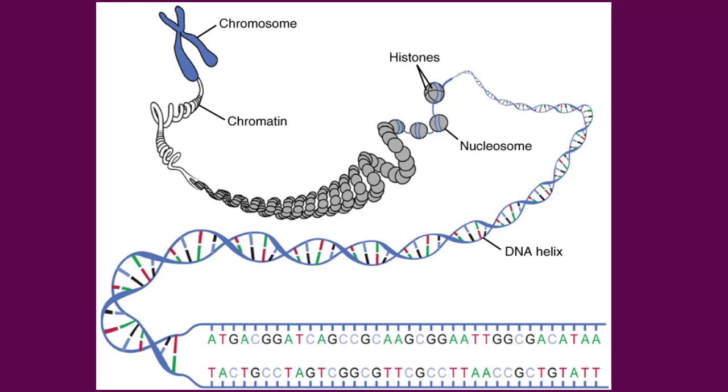When a cell is in the process of division, the chromatin condenses into chromosomes so that the DNA can be safely transported to the daughter cells. The chromosome is composed of DNA and proteins. It is the condensed form of chromatin, and it is estimated that humans have almost 22,000 genes distributed on 46 chromosomes.